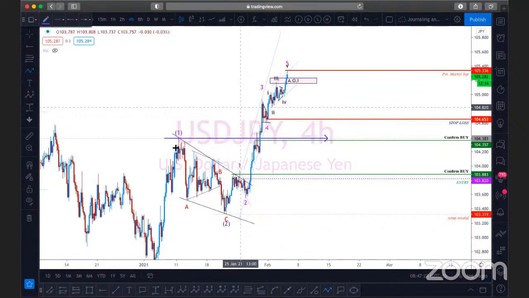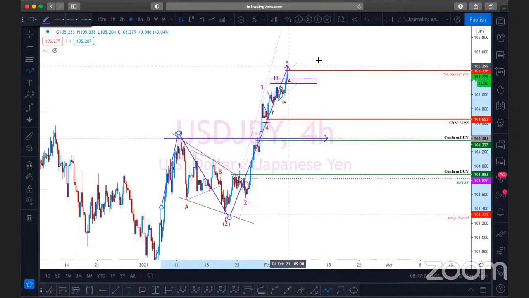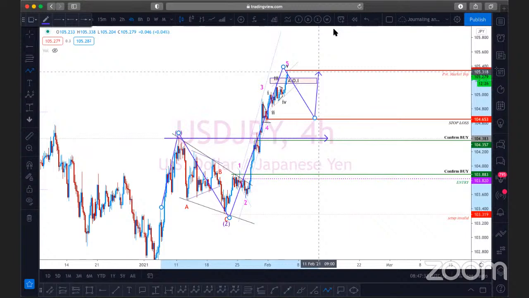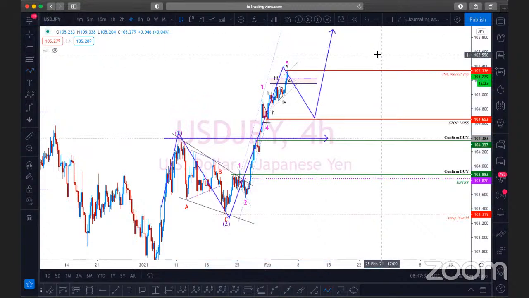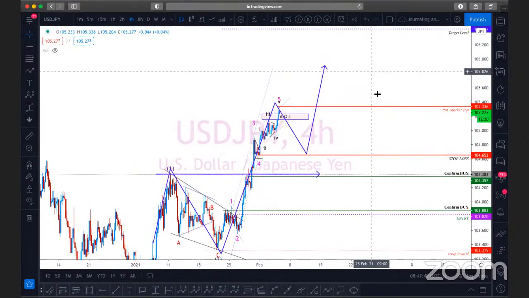So we have wave 1, 2, and we would have 3. The market comes anywhere in here and retraces. We could have that as 4, and we could look at that level there as 5. Right? And that's what we would want to be looking at, and to say, okay, this is where we have an extension within the third wave.